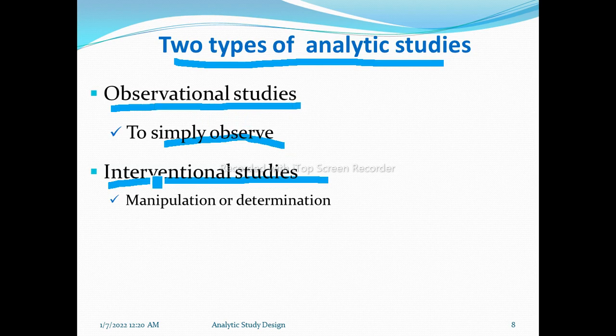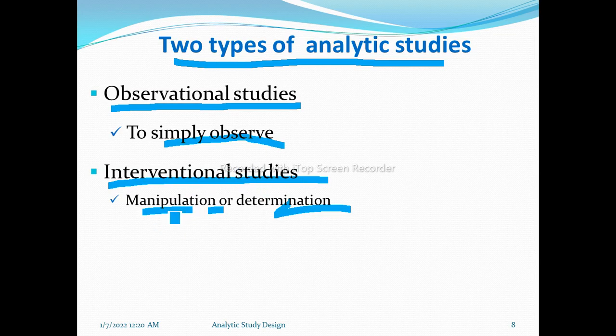This is observational studies. In the case of interventional studies, the investigator has the power to manipulate or determine the exposure. If the investigator intervenes on conditions more than observation, this is known as interventional studies, or you can say experimental studies.